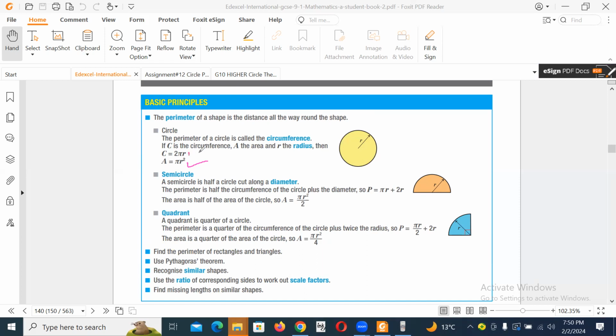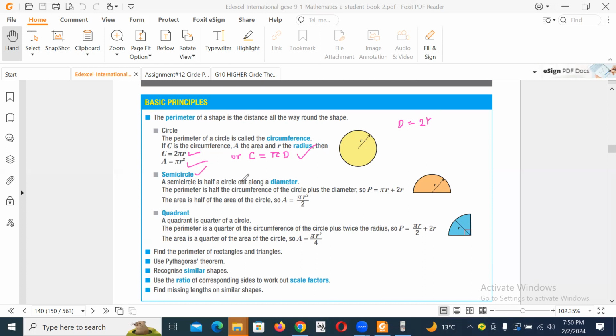We use the formula C equals 2 pi r, or sometimes C equals pi d, where d is the diameter. Diameter is double the radius, so you can write the formula this way as well.